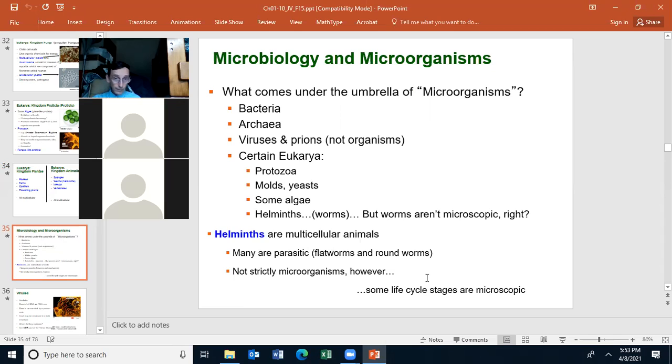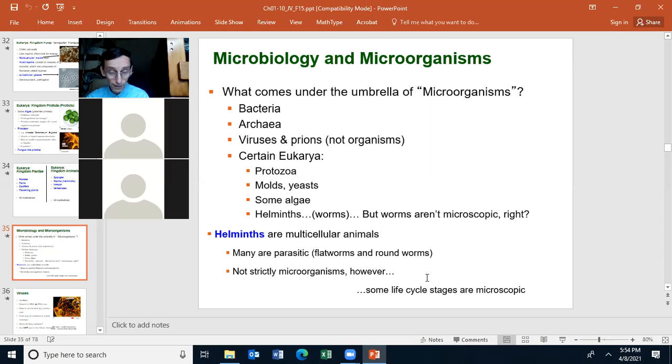And they are not, strictly speaking, microorganisms when you're looking at an adult helminth. Although there are a few species which are microscopic, most of the helminths are not microscopic. But the life stage of the worm which is infective to humans is microscopic.